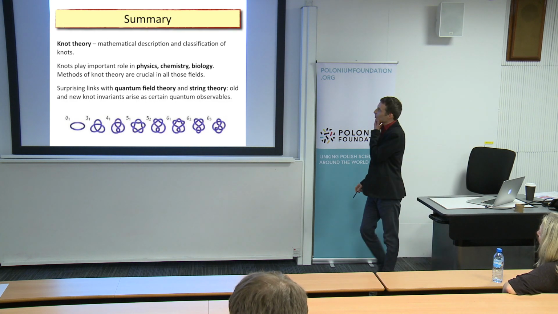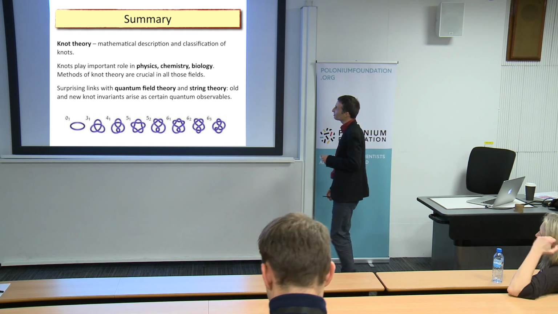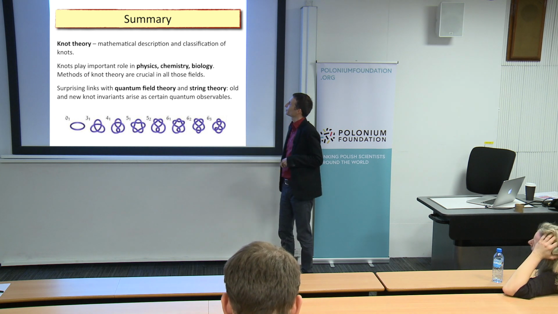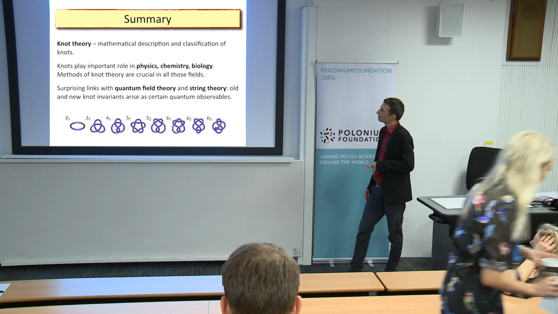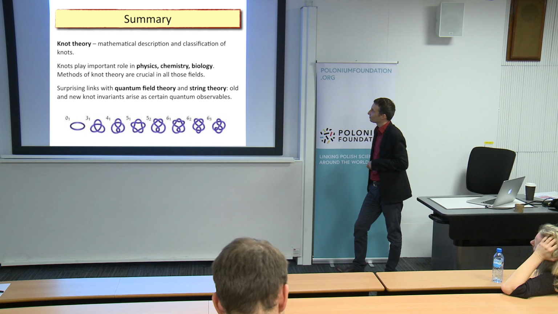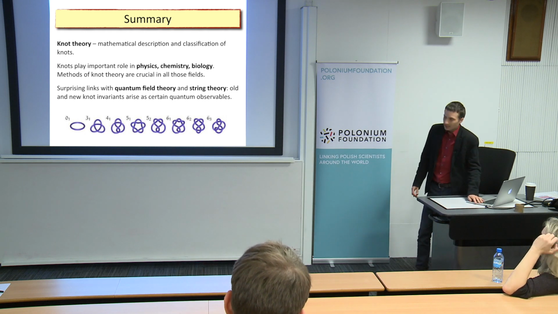To summarize, I hope I convinced you that knot theory is an interesting branch of mathematics. Its mathematical aim is to classify knots, and then you can use various classifications and tools devised by mathematicians in other branches of physics, chemistry, and biology.